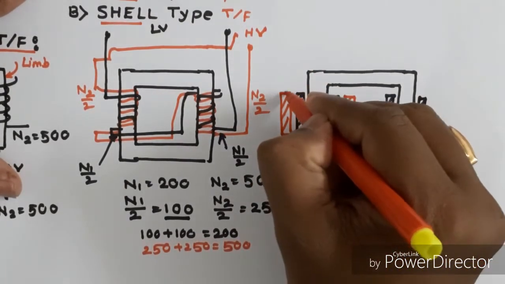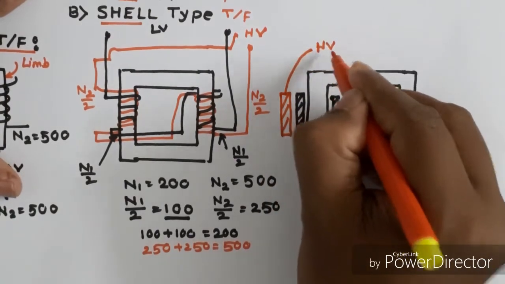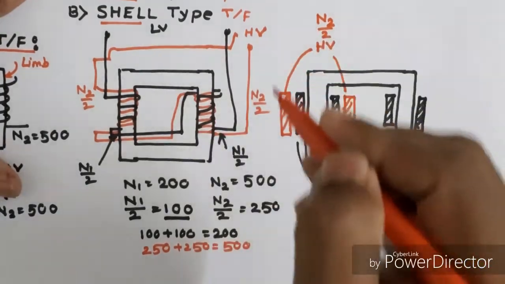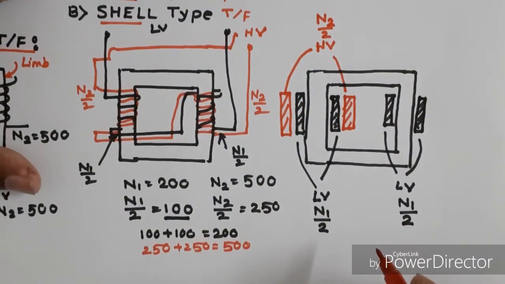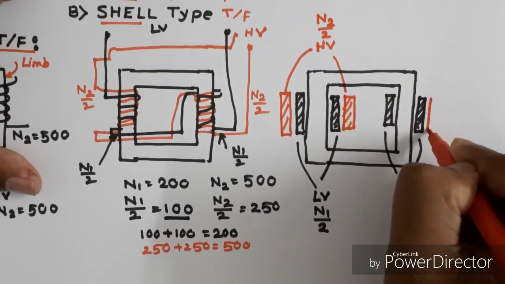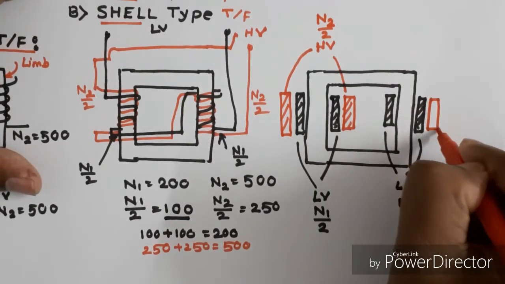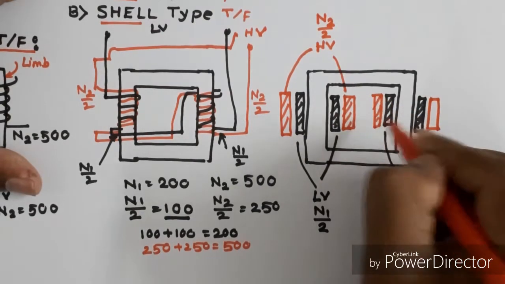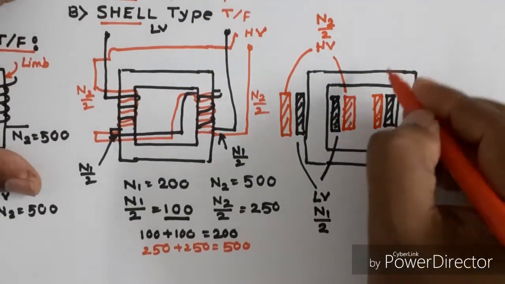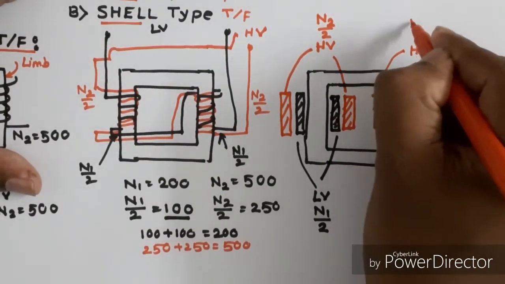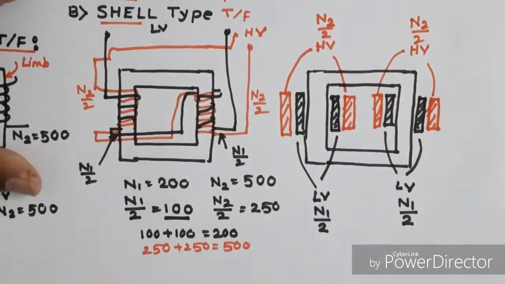In this leg there are N2 by 2 number of turns, and again over this low voltage winding there are N2 by 2 number of HV winding turns. Okay.